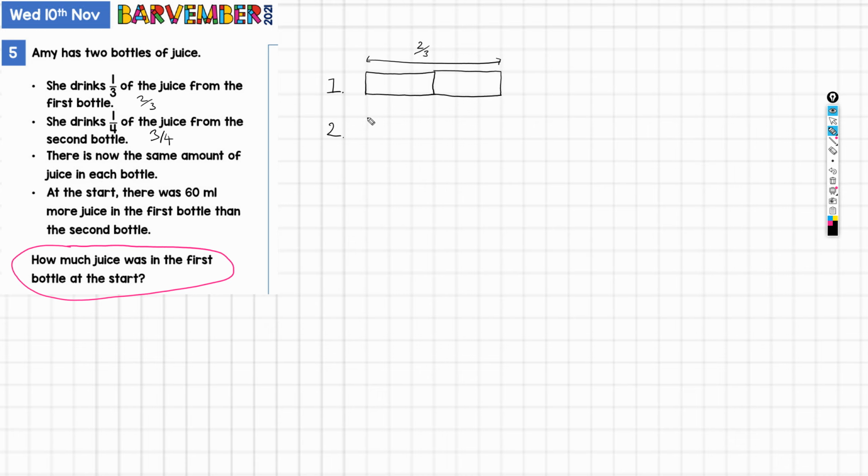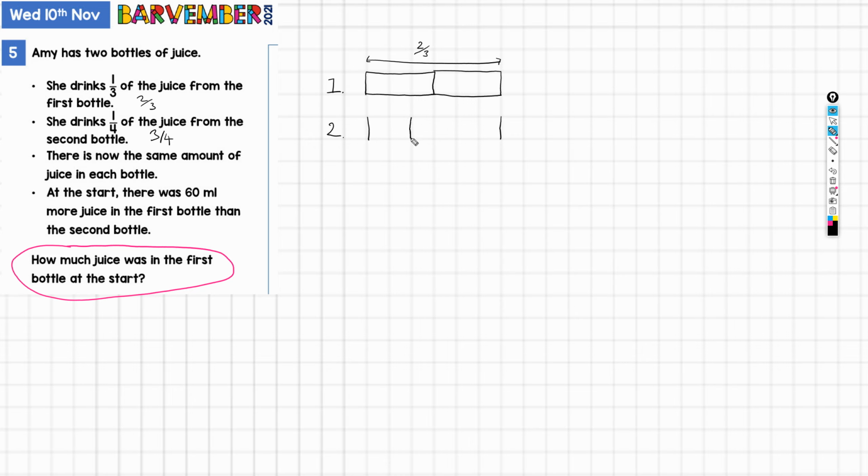So whatever I draw is going to start here and it's going to end here, isn't it? But I need to have 3/4, so there's going to be 3 here. So I need to think about how I can represent 3. And here we go.